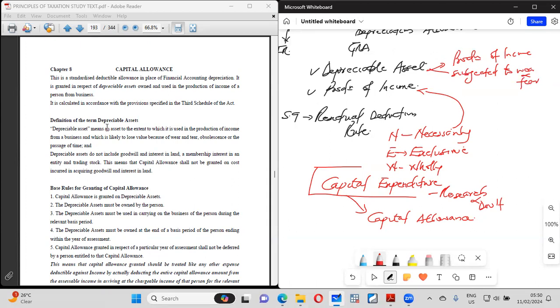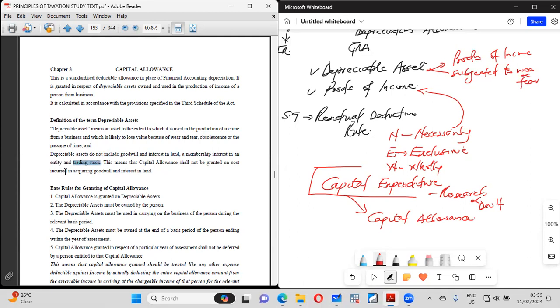It is an asset which, when used in the production of an income from a business, loses its value because of what? Wear and tear, obsolescence, and passage of time. A depreciable asset also does not include goodwill. It does not include land, an interest in land, a membership interest in an entity, and trading stock.